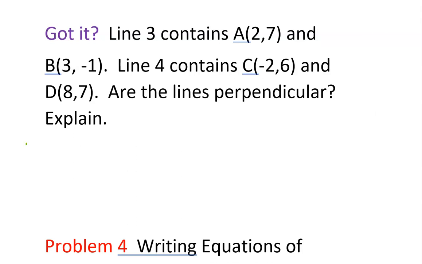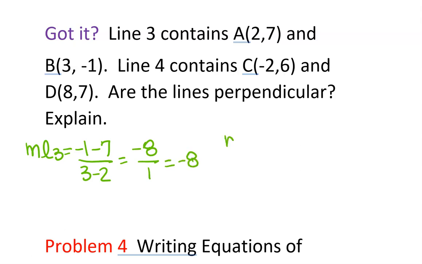So I'm going to first do the slope of line 3. This one I'm going to do by formula because they're not on graph paper. So -1 minus 7, the y's are on the top, and 3 minus 2, the x's are on the bottom. I get -8. The slope of line 4, y's again are on the top, 7 minus 6, and 8 minus -2.